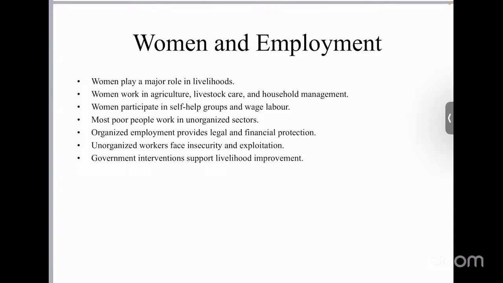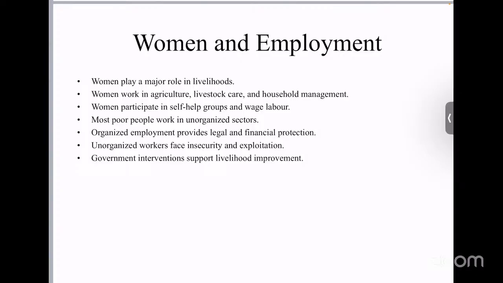Organized employment provides stable salaries, legal protections, pensions, insurance, and other benefits, whereas unorganized employment includes informal work without job security or social protection. Most poor people in India work in the unorganized sector.